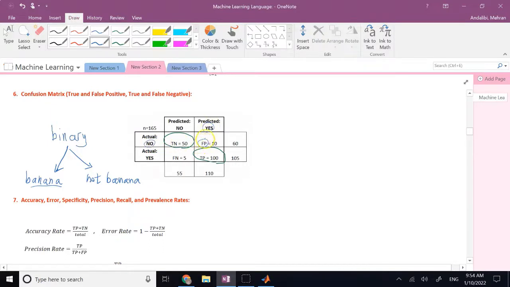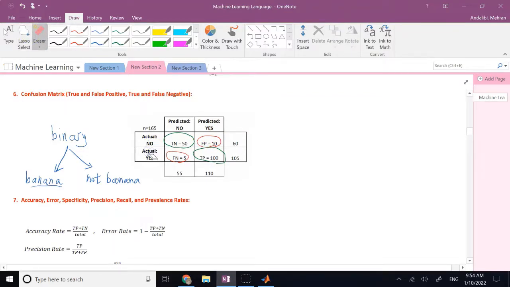It's a wrong yes detection. And here I have false negative. I said no, it is not, but it was. Because these two are contradicting each other, the result is false. So anti-diagonal elements of this matrix are what? Are false data. Because prediction and reality don't match.